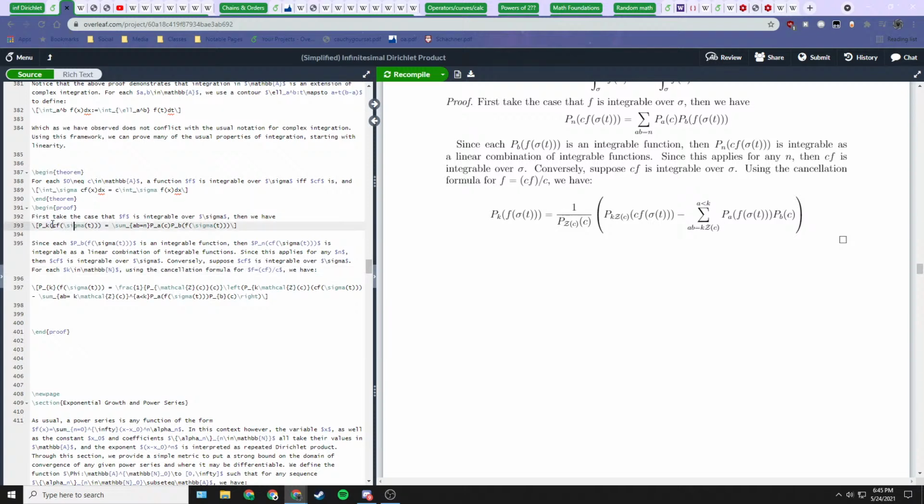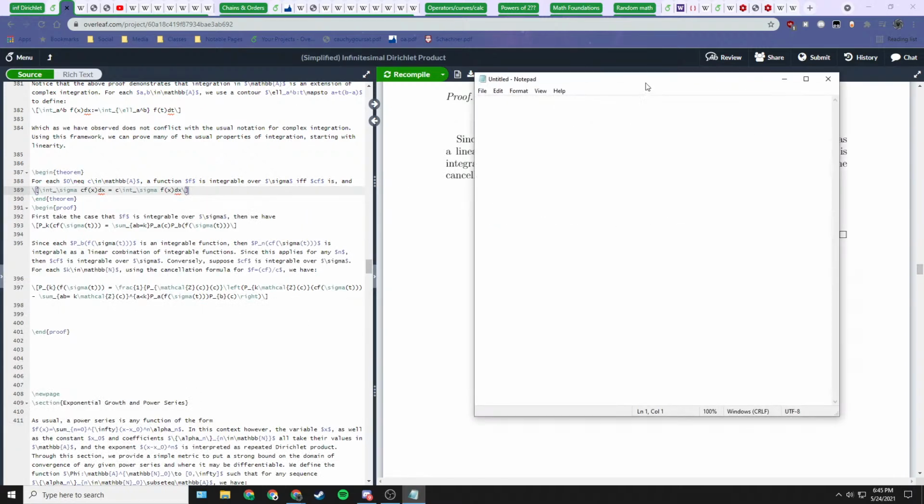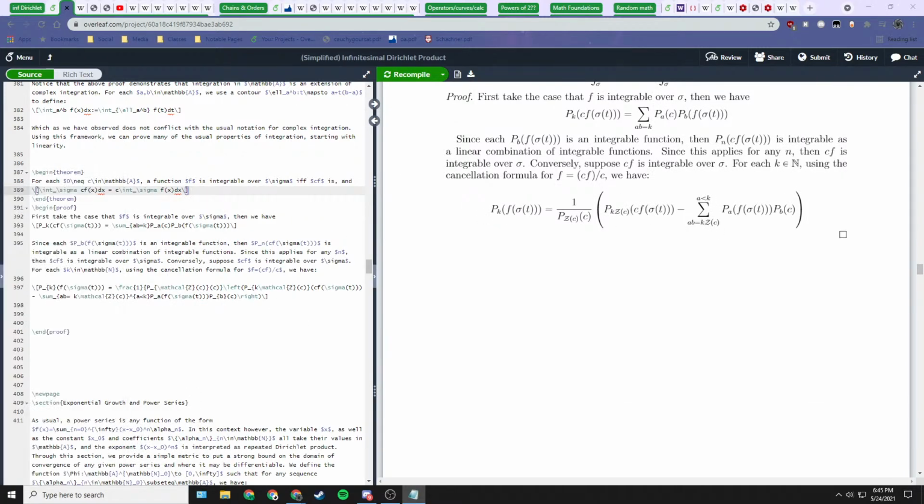Instead of doing n, we'll generally do k for projections. Maybe I'll go back and replace those in other places. And let me actually make a note of that.